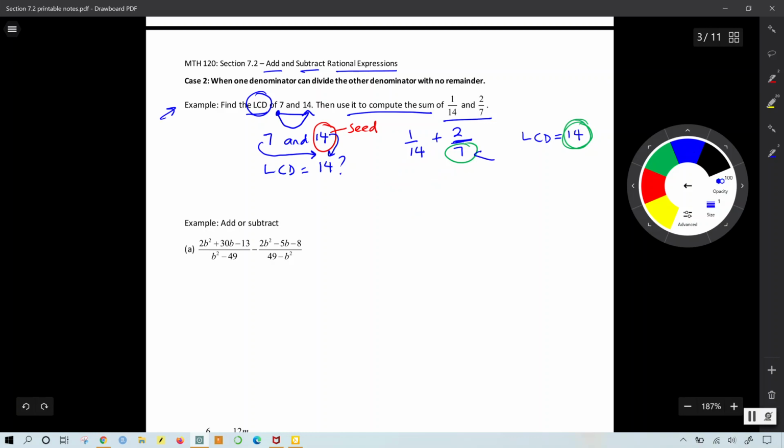However, on the other hand, this fraction, 2 over 7, is not in a good form yet. We would really like the denominator to match up to 14. One way to always do that for the purpose of this topic is to multiply by a number. In this case, that number will be 2.